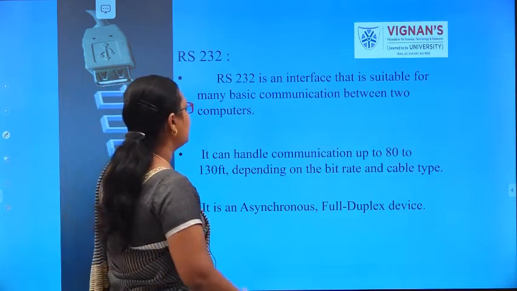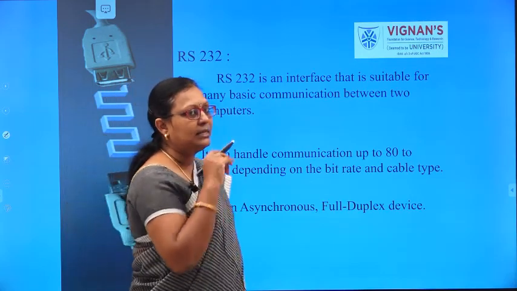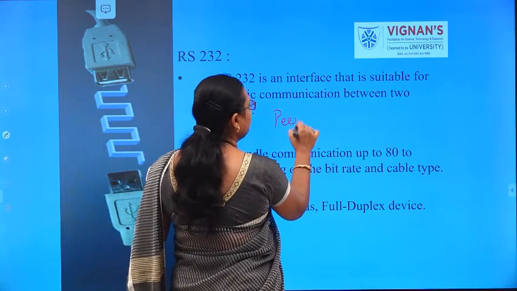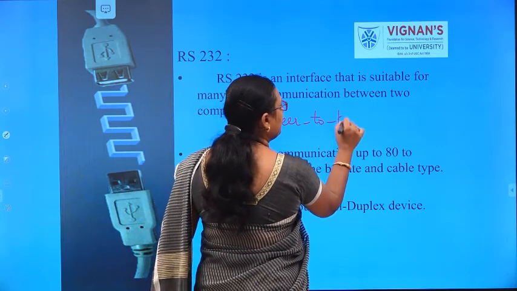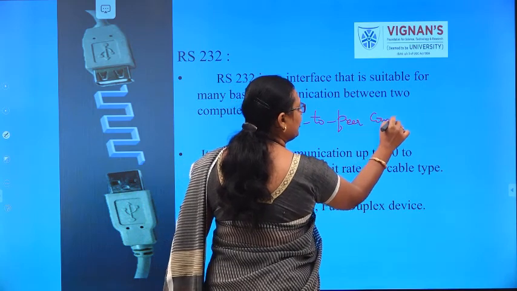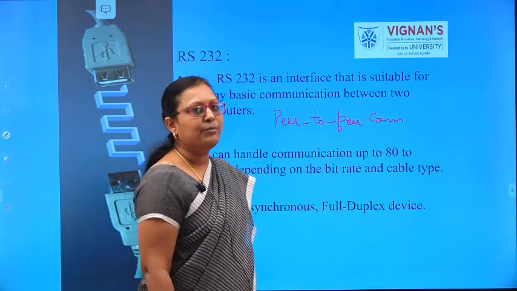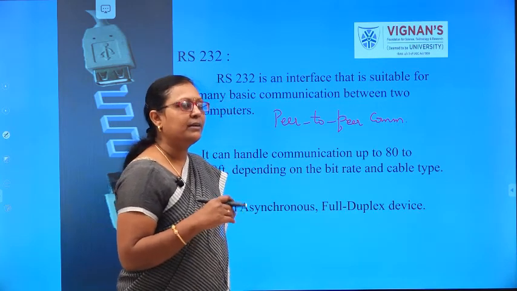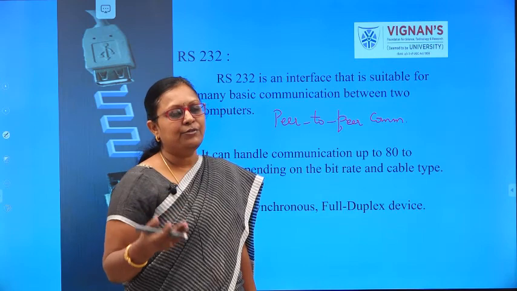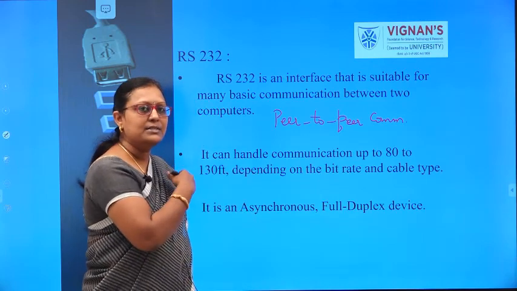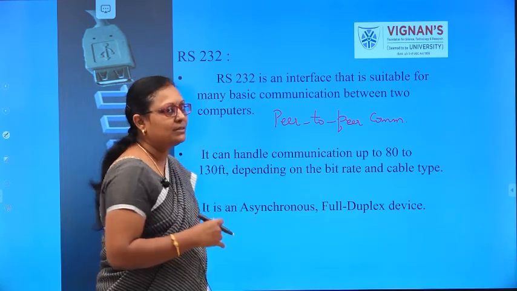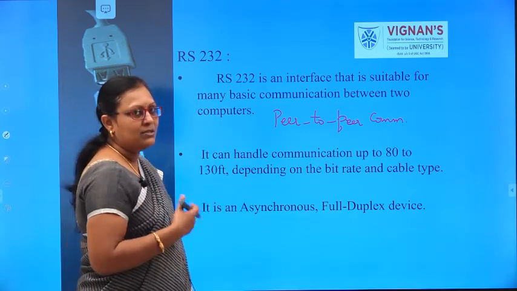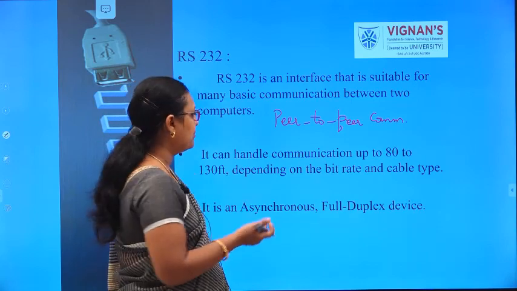Clear? Generally RS-232 gives you peer-to-peer communication. It is a very basic communication method between two devices, and it can communicate over 80 to 130 feet, depending on the data bit rate as well as the cable type we are using.